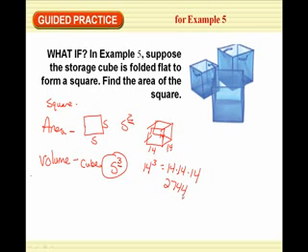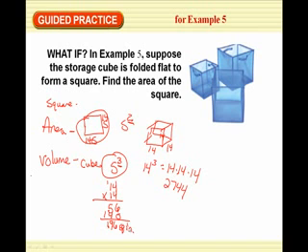So the guided practice says, suppose the storage cube is folded flat to form a square. Find the area of that square. So if it's folded flat to form a square, the edges are still 14 by 14. So that one would just be 14 times 14, which is 196 square inches.